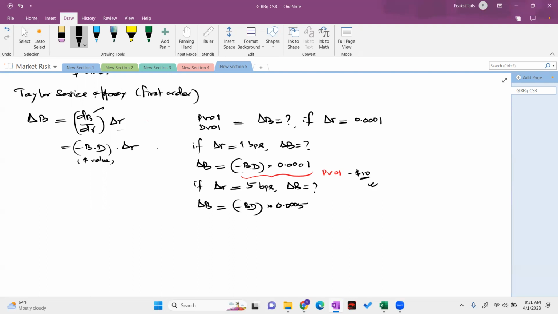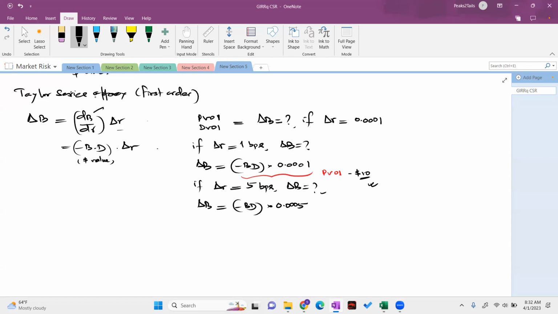Using this information, I can calculate this. For 1 basis point, if the bond price changes by $10, and the interest rate actually changes by 5 basis points, how much will be the change in bond value, assuming the linear approximation is still valid? 50, right?